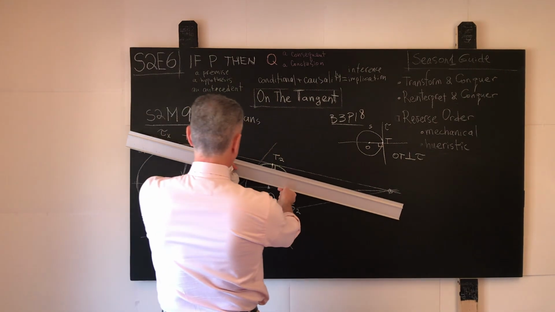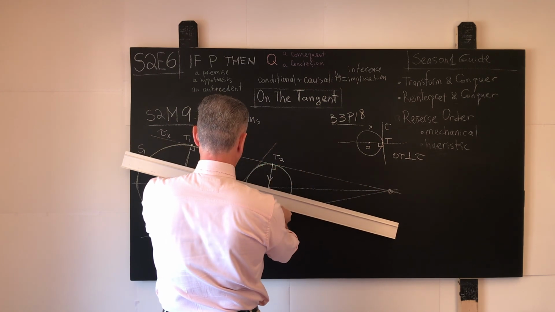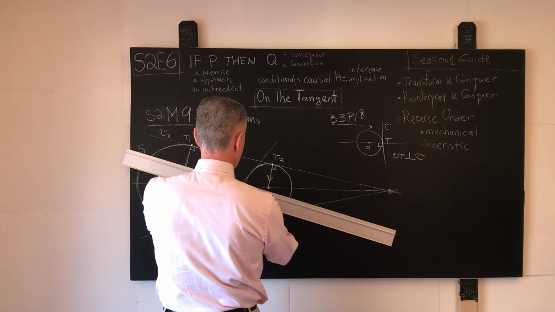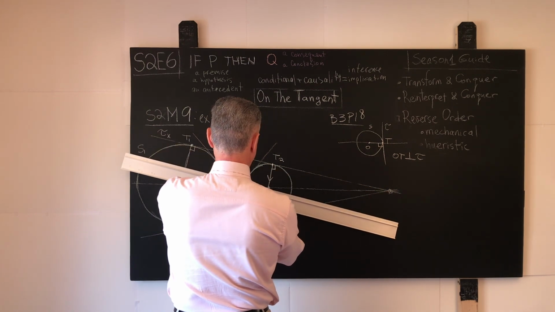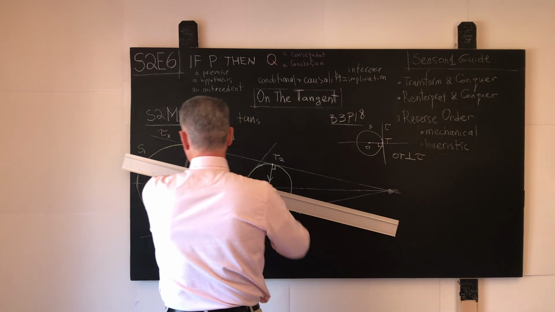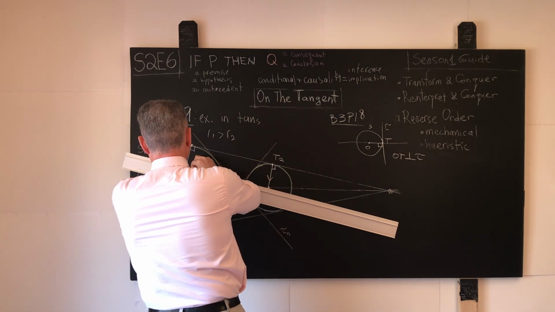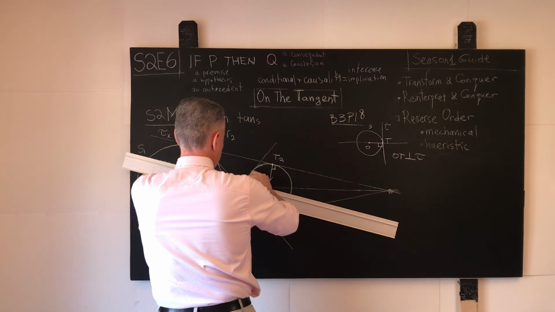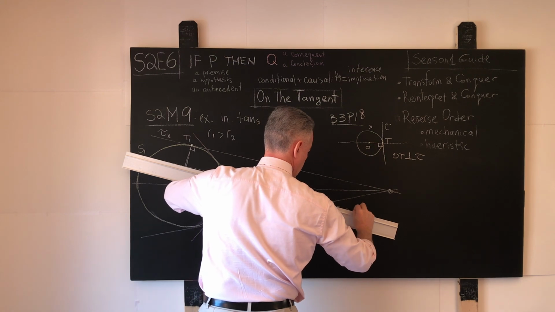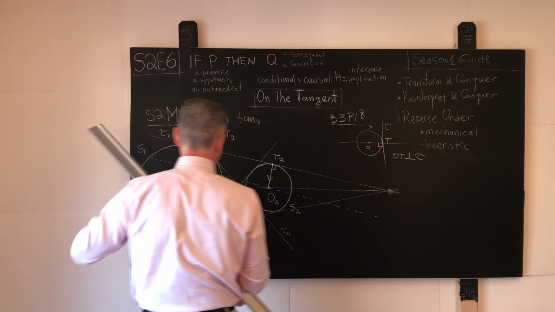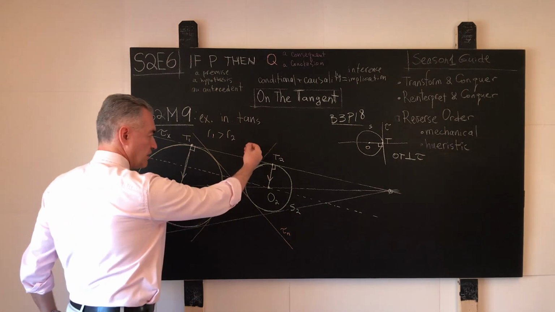Let's, for example, try to parallel translate this straight line this way, somehow. I'll show it in dashed line just to show that this is a result of parallel translation.